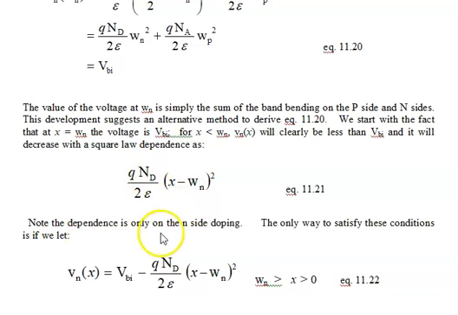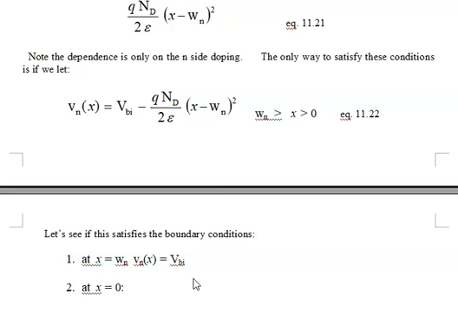The only way to satisfy these conditions is if we let V sub n be equal to the total band bending minus how much we lose on the N side as X increases. So if X increases, the minus sign here says that the voltage will decrease the maximum minus the stuff that decreases on the N side, and of course the decrease is parabolic, and we satisfy the boundary conditions at X equals Wn.